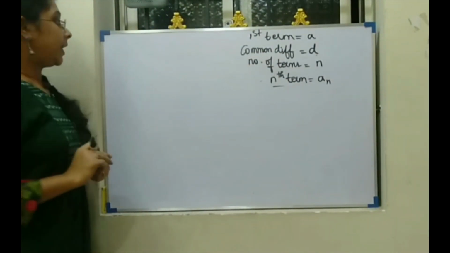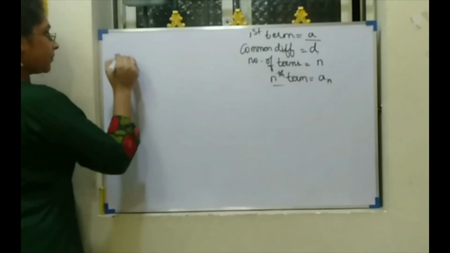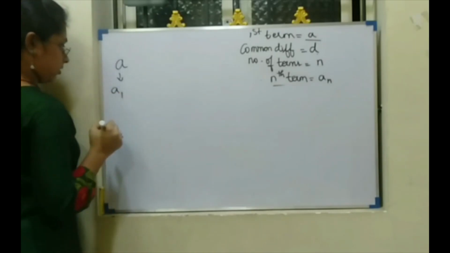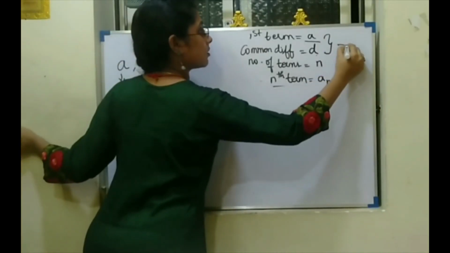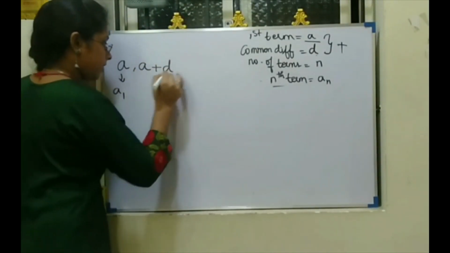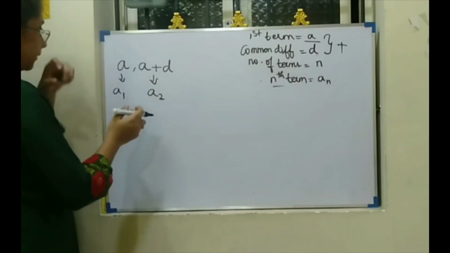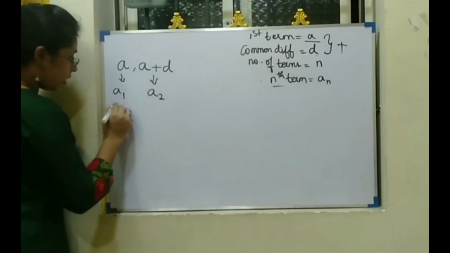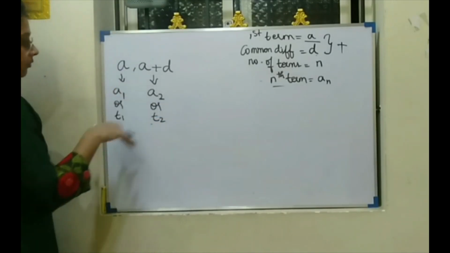The general form of an AP is: if the first term is A, that is A1. The second term will be the first term plus the common difference, that is A plus D, which is A2. You can write A2 or T2, that is term 2, whichever is comfortable for you.